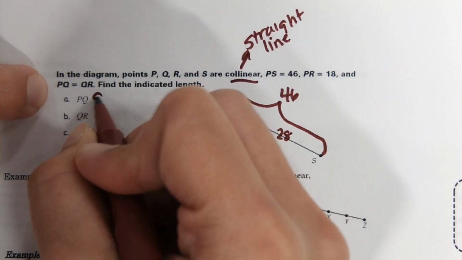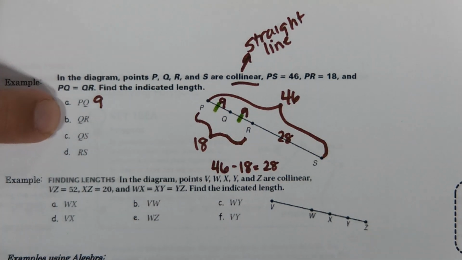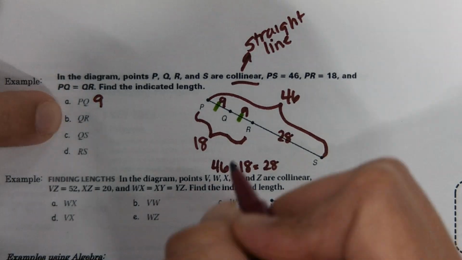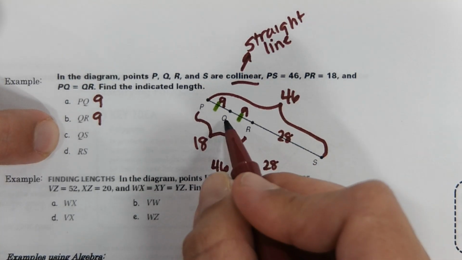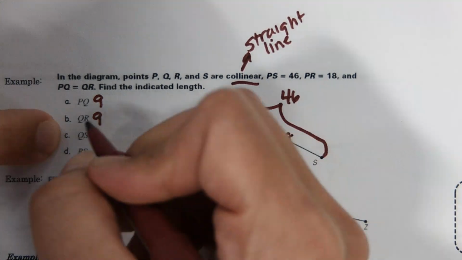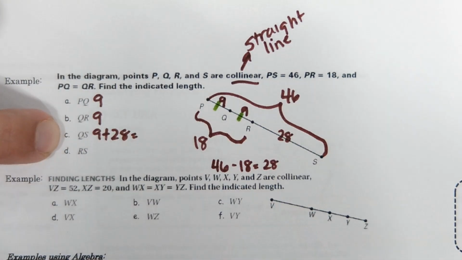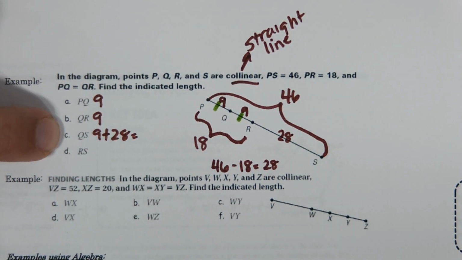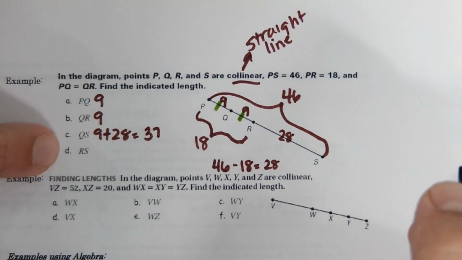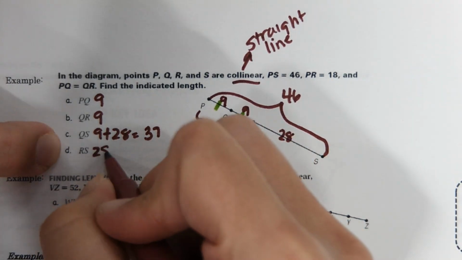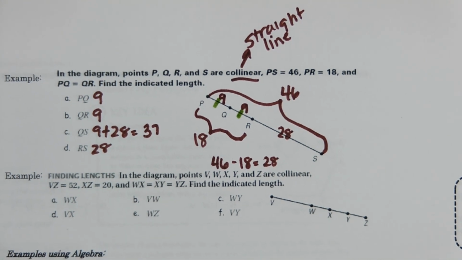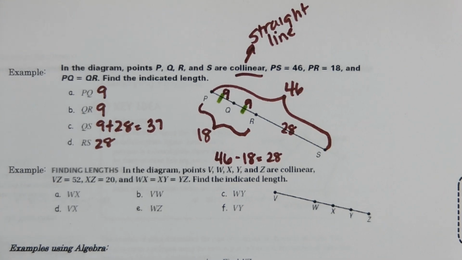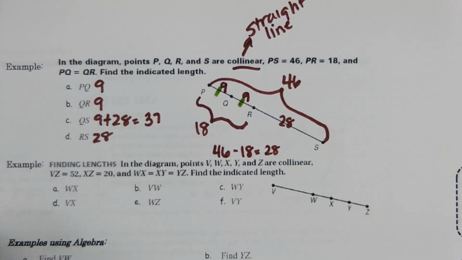So PQ is 9. QR is 9. Q to S, 9 plus 28, 37. And then RS is 28. Okay, so that's how you do that.